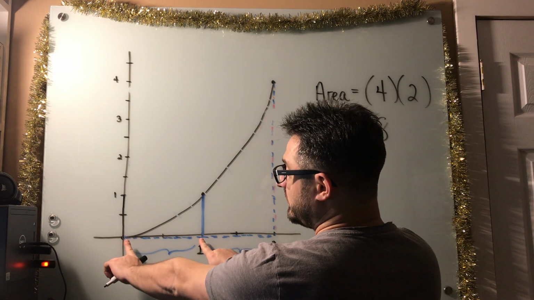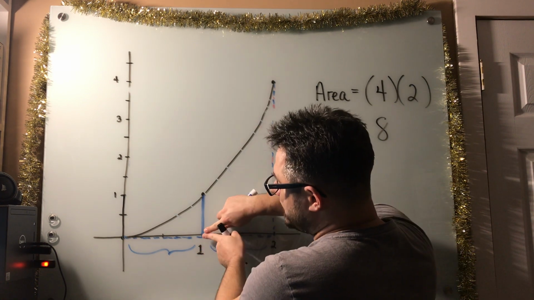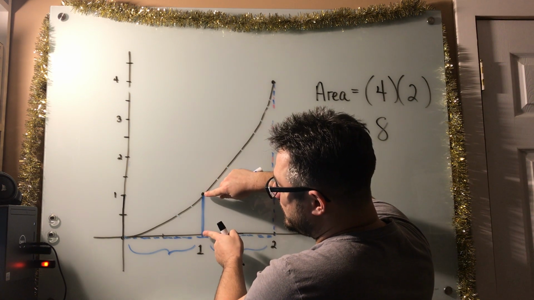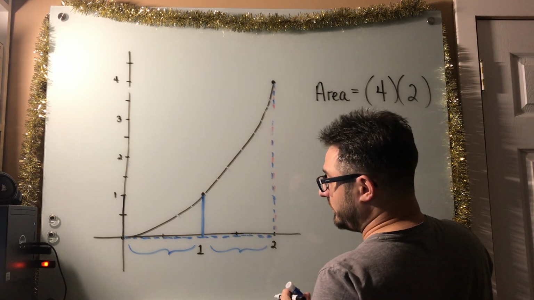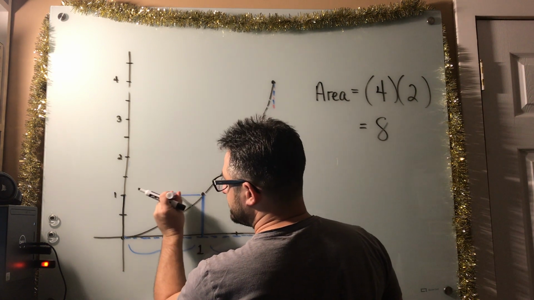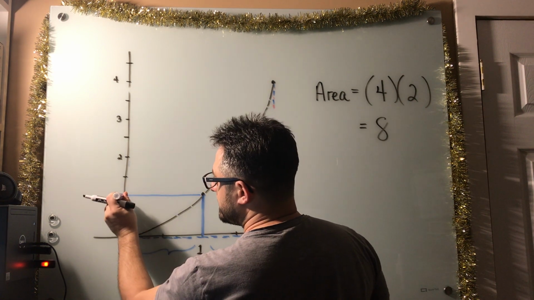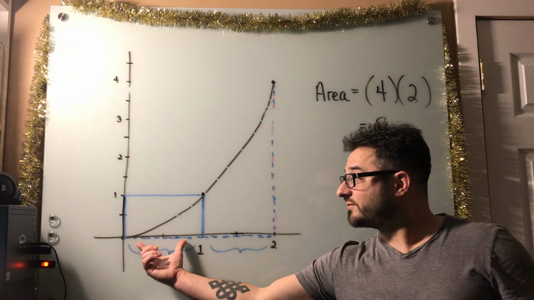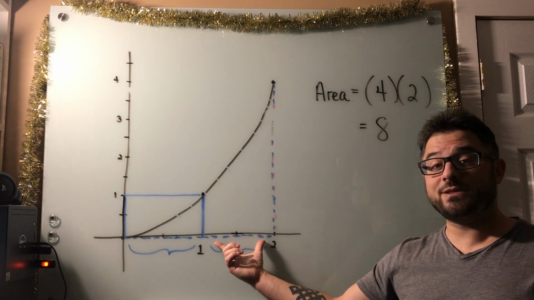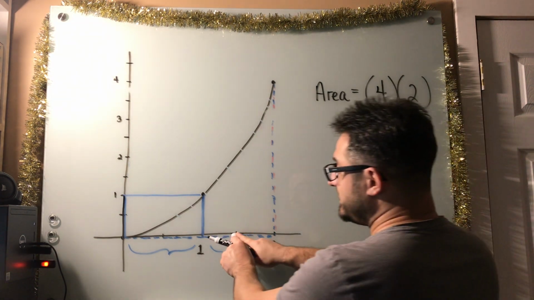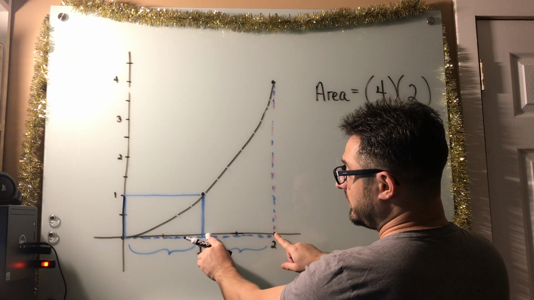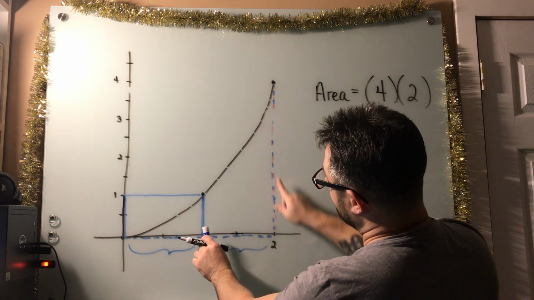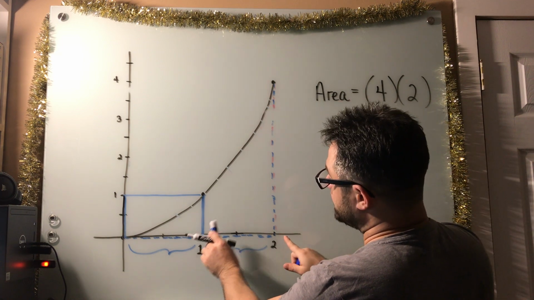Its base will sit along the x-axis, and its height will be based on the y-coordinate at the right edge of the interval. We do that for the first section, and then we do it again for the second section. This rectangle, its base will sit along the x-axis, and its height will be determined by the y-coordinate at the right endpoint of this subinterval.